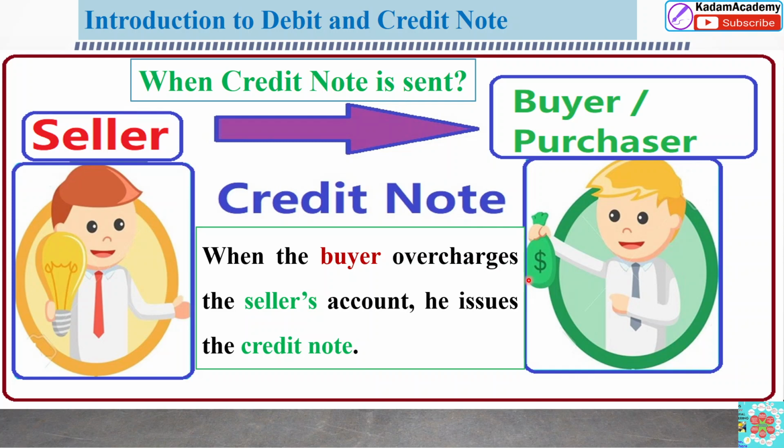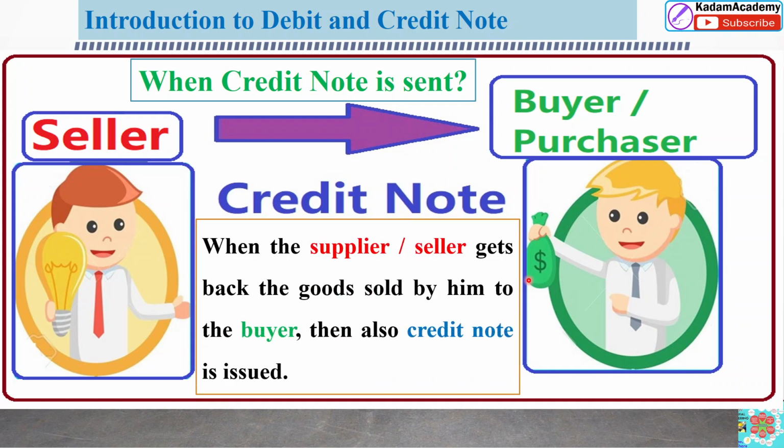The seller usually issues a credit memo for the same or a lower amount than the invoice, and then repays the money to the buyer or sets it off against the balance due from another transaction. Is this clear to you? So a credit note requires an acknowledgement from the receiver by a debit note, and the seller gets back the goods sold by him to the buyer.